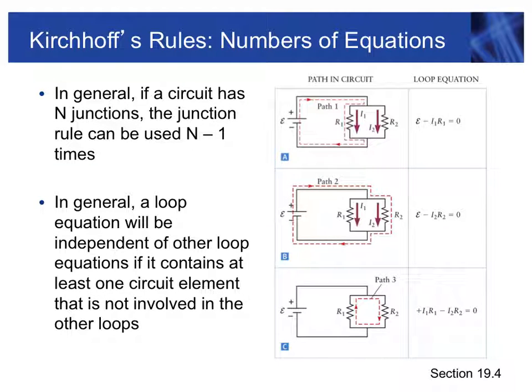Kirchhoff rules, number of equations. In general, if a circuit has n junctions, the junction rule can be used n minus 1 times. And then we're going to need loop equations. In general, a loop equation will be independent of other loop equations if it contains at least one circuit element that is not involved in other loops. Let's look at this picture.